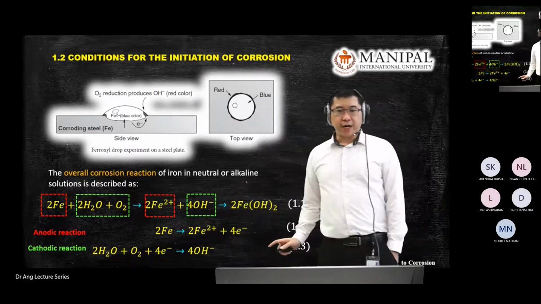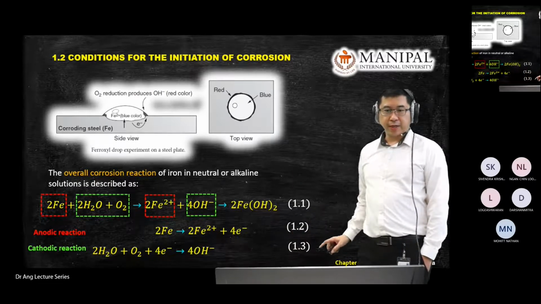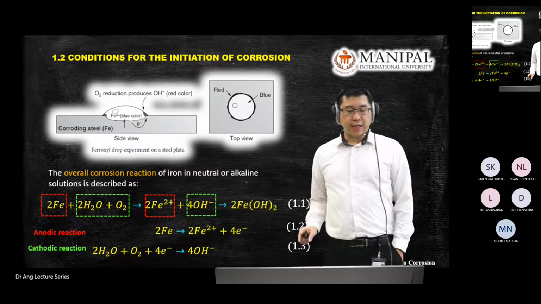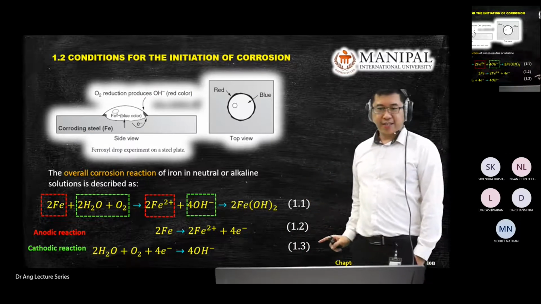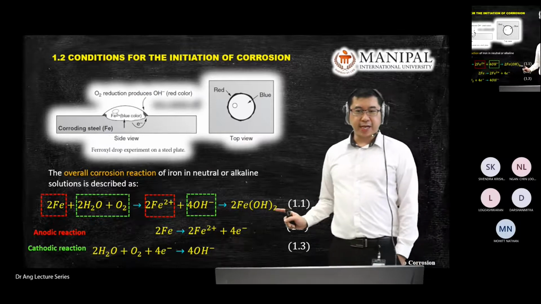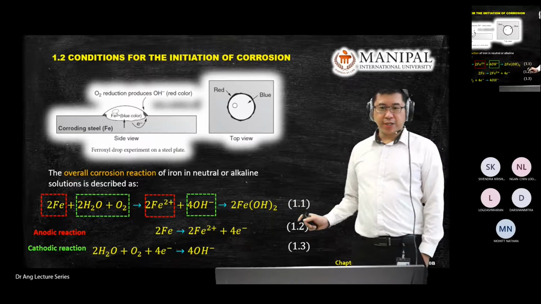Any questions so far from the first one, second one, and third one? Learn about the principle. Don't memorize all this because in exam or test, the element will change, the environment will change.